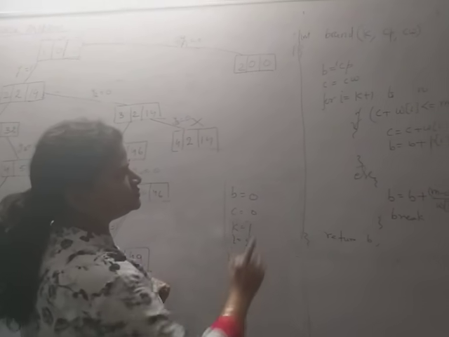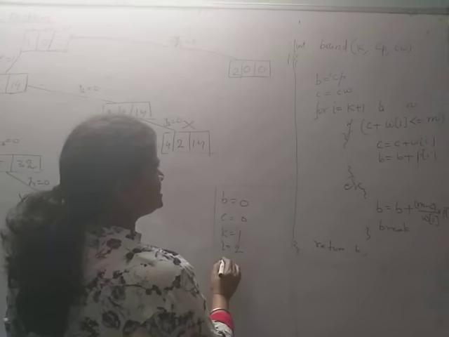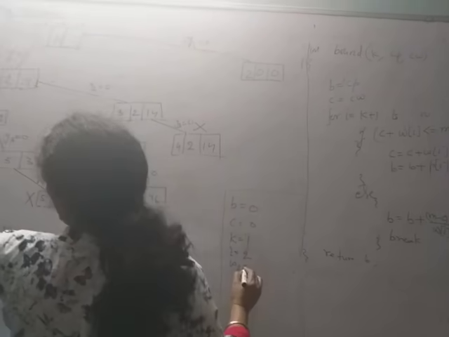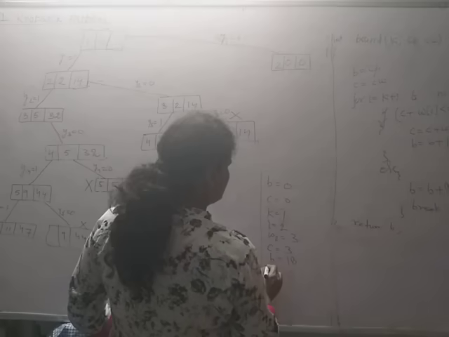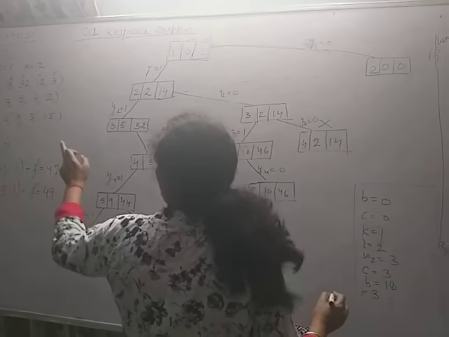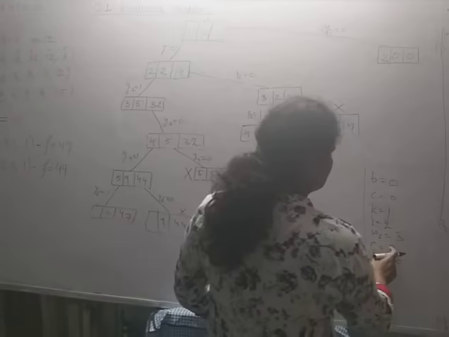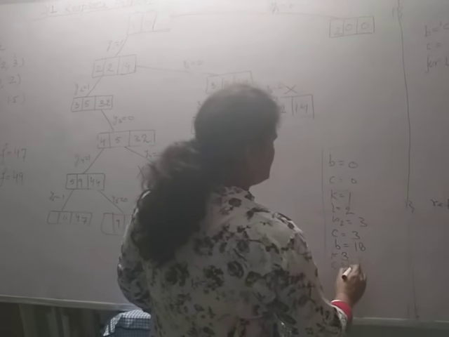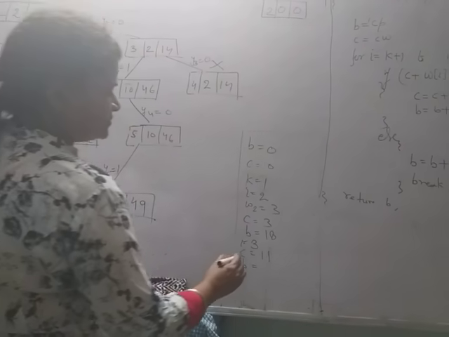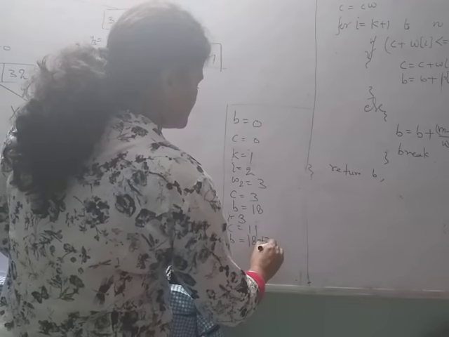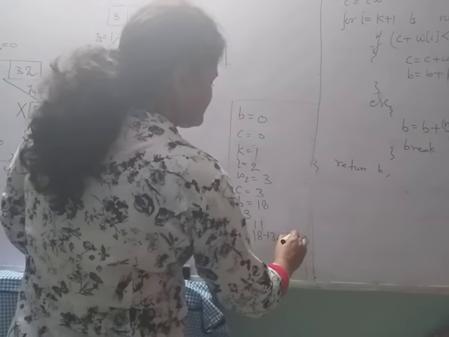So i equal to 2, c is 0, so c plus w2, here w2 is 3, c equal to 3, b equal to the profit of the second weight, which is 18. Now i is 3, the weight is 8, so c equal to 11 and b equal to 18 plus 32, which is 50.